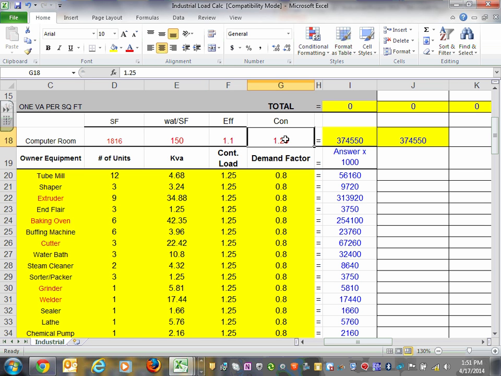And then continuous load, and you can sit here and argue with me about that one. Because that's definitely continuously running, like lights, I'm going to increase it for safety factors, 125%. Gentlemen, I came up with 375 kVA allocated for my data center.